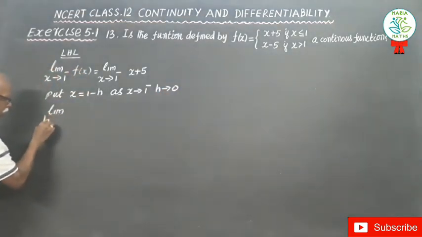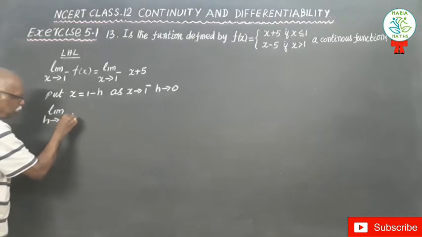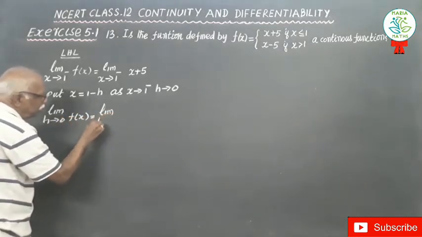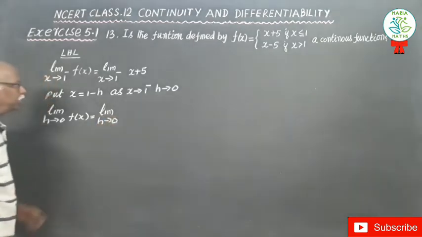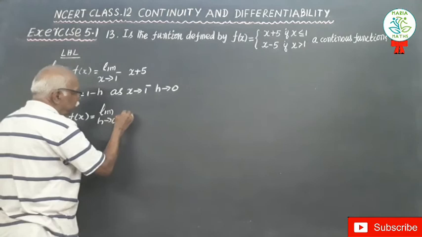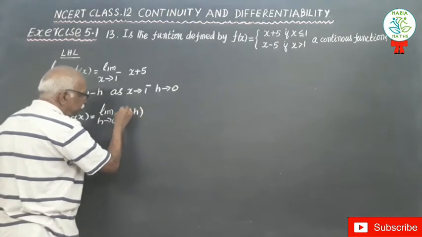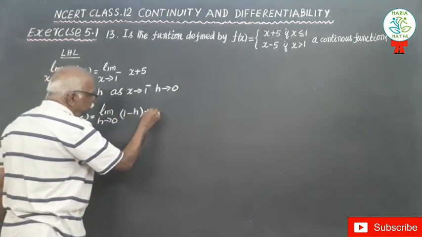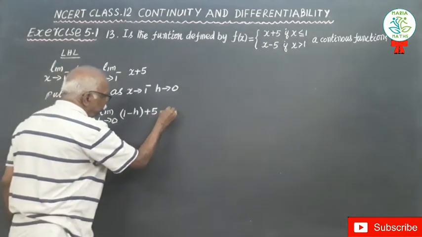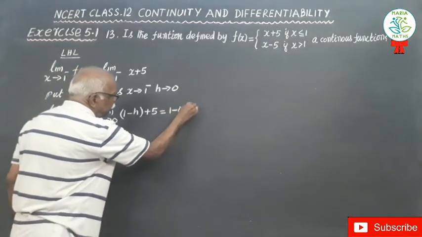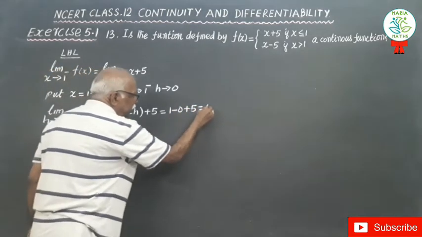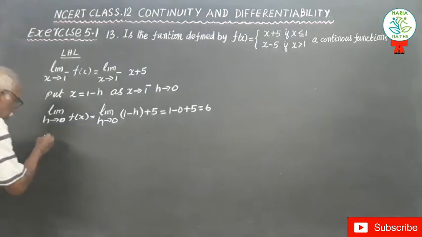Limit h tends to 0, f of x is x plus 5. Now in place of x we have to put 1 minus h, plus 5. Put h is equal to 0, 1 minus 0 plus 5, which is 1 plus 5, 6. So the left hand limit is 6.